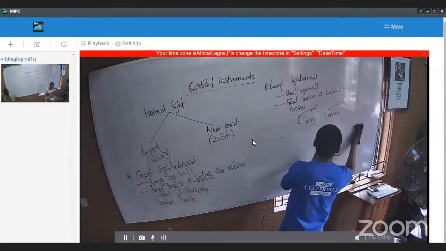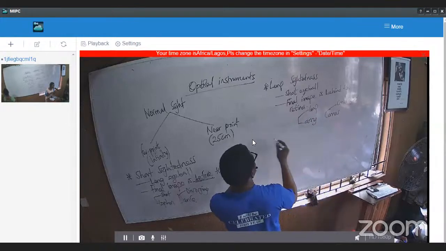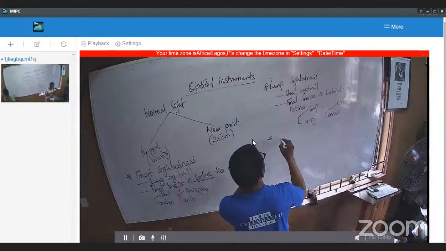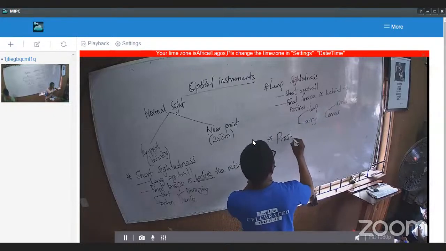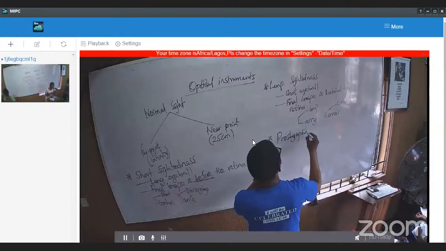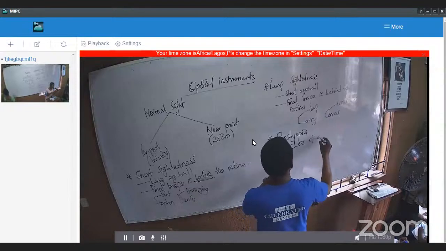What causes astigmatism? Unequal focal length. Ciliary muscle. Presbyopia: loss of accommodation.